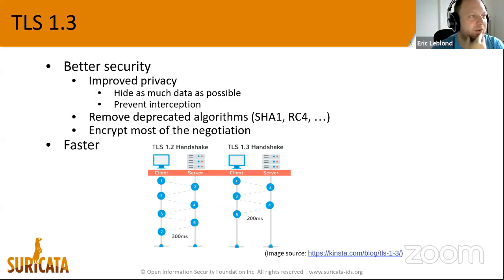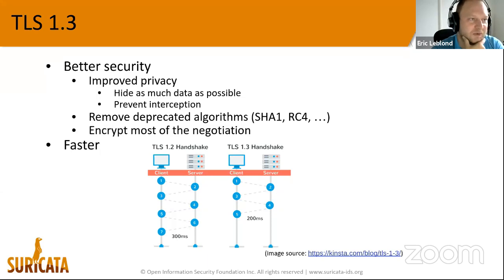I'm not a WireGuard developer or an OpenSSL or TLS guru, so I will be short on TLS 1.3. From a Suricata standpoint, it's just a nightmare because they improved privacy a lot and try to prevent interception. The most visible effect is that almost all the handshake is encrypted now.